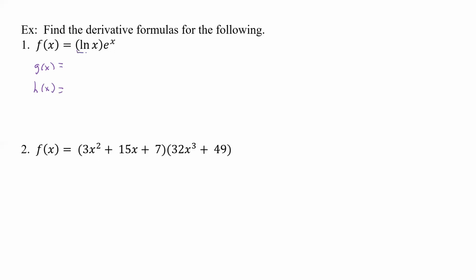And I'm just going to use the first one as ln x, and the second one as e to the x. So now g prime of x is what? Well, that's just going to be 1 over x. h prime of x is equal to e to the x. Now I can find f prime of x, because now I know I'm just going to take my g prime of x times h of x plus the g of x times h prime of x.